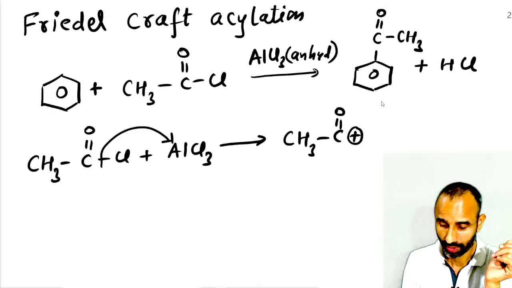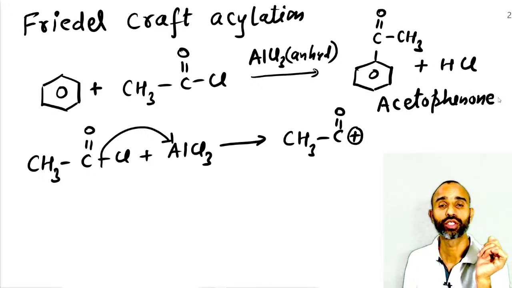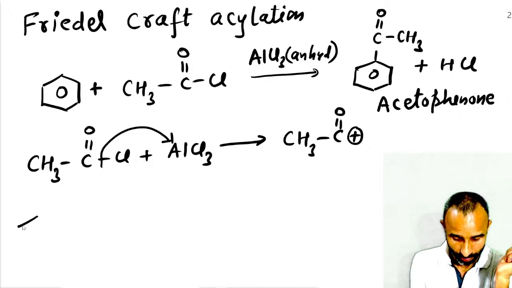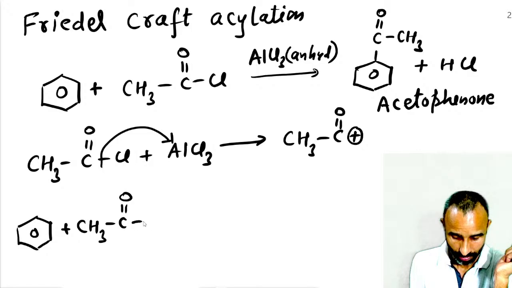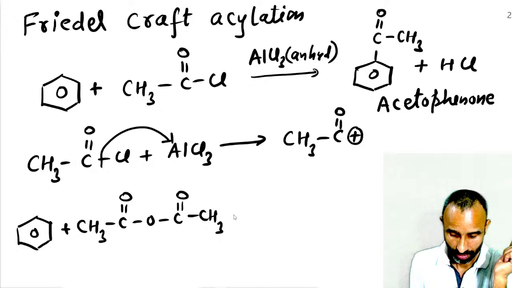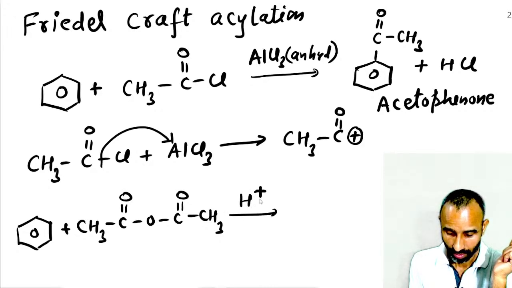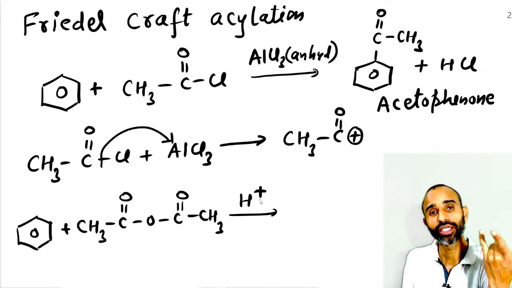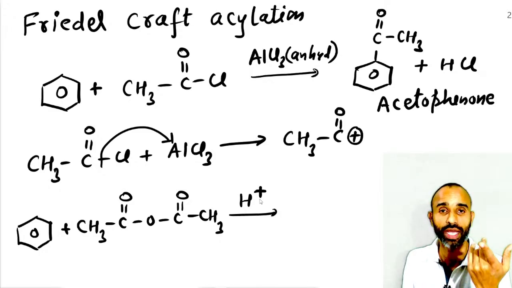So in this case, we get this product, and this is called acetophenone. So if we have acid anhydride, instead of a Lewis acid, we can use a simple acid, H plus ion.